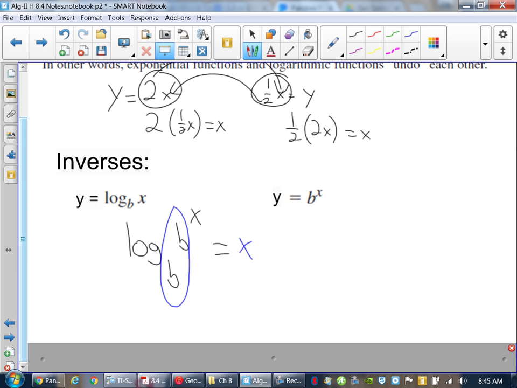That's how they undo one another. If I do the same idea on the other side, if I do b to the log base b of x, again, this is a base, and this is the same base.